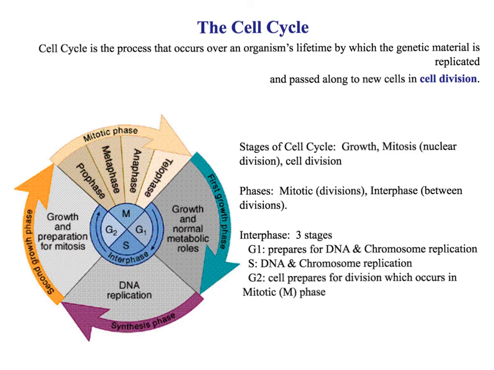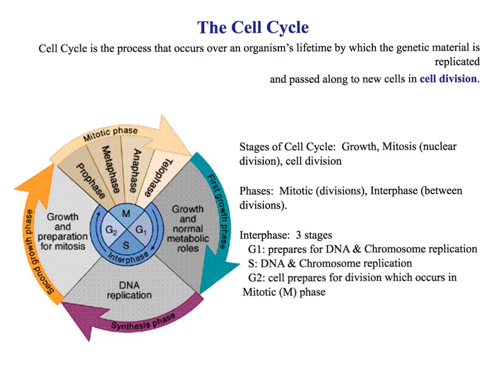So the stages of the cell cycle are first we start out with growth, and then we have the mitosis or nuclear division, and then cell division. The first phase is interphase, and interphase has 3 stages. We see interphase as G1, where it prepares for DNA and chromosome replication.